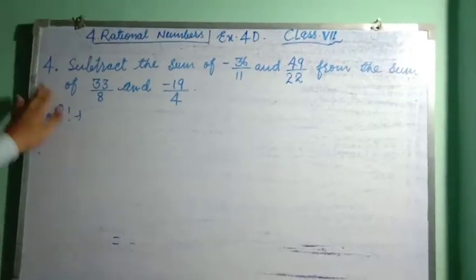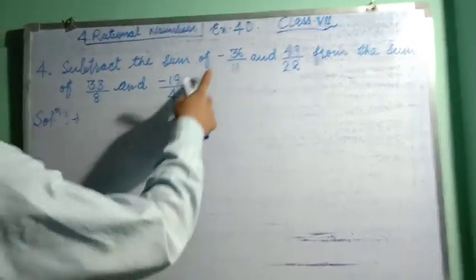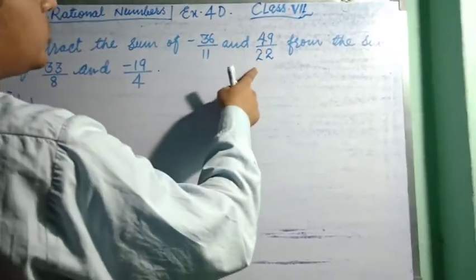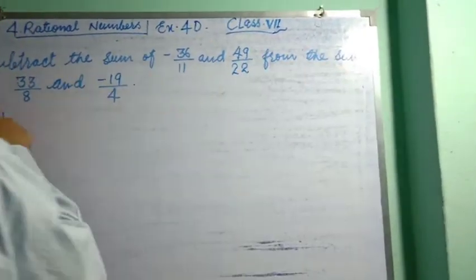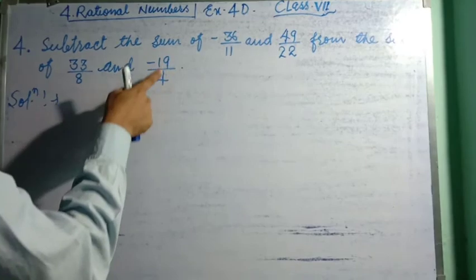Now see, friends, question number 4. Subtract the sum of minus 36 by 11 and 49 by 22 from the sum of 33 by 8 and minus 19 by 4.